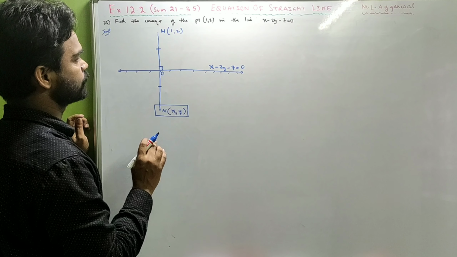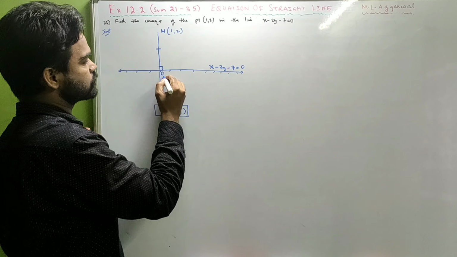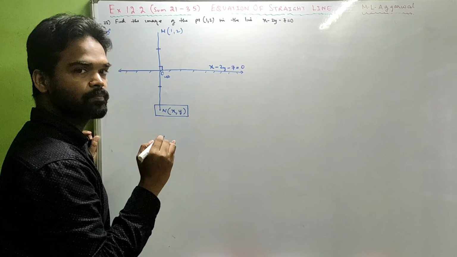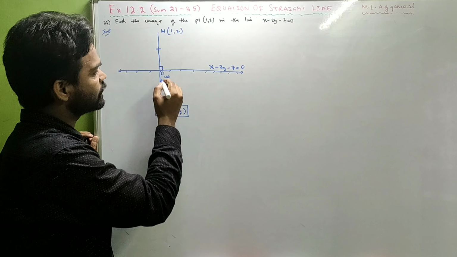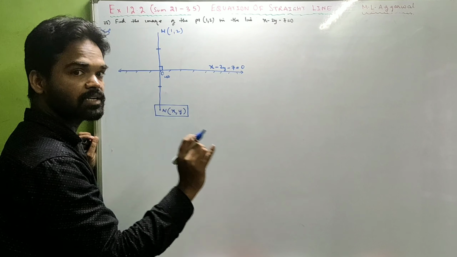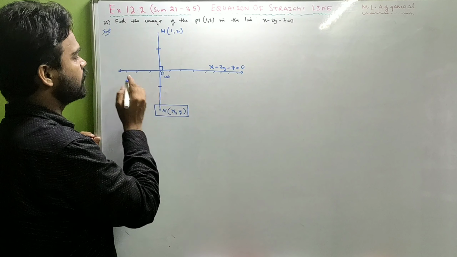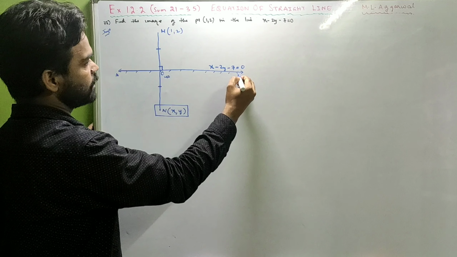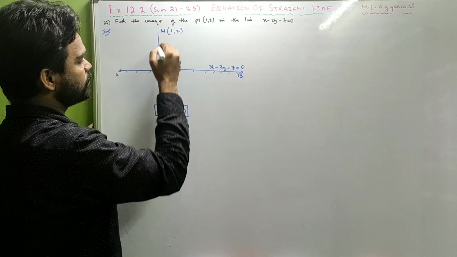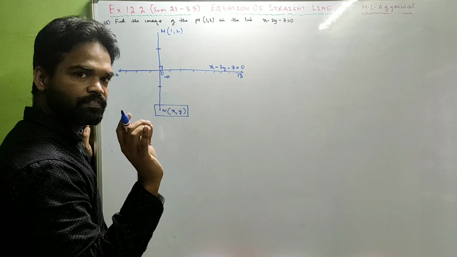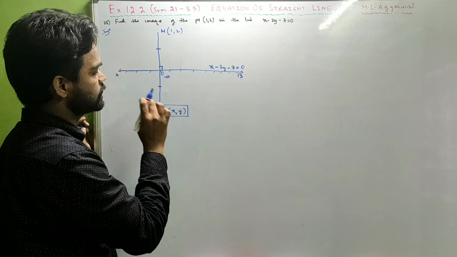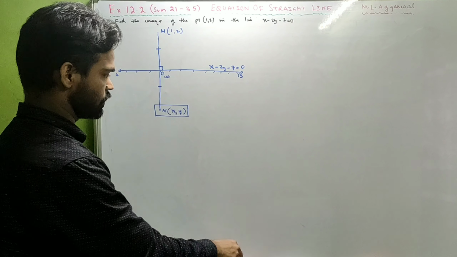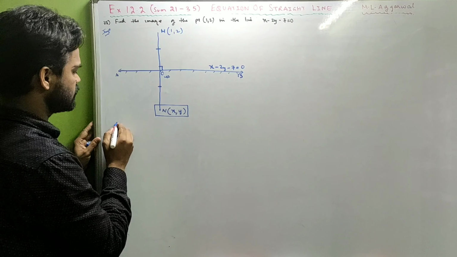Now look carefully. Our main priority is to find the point O, that is the point of intersection of the lines AB and MN. First thing is to find the equation of MN. Look at AB.